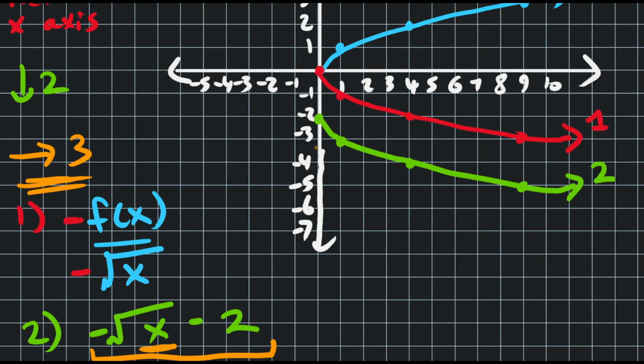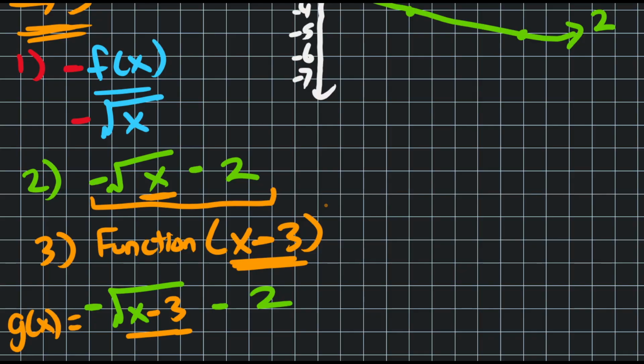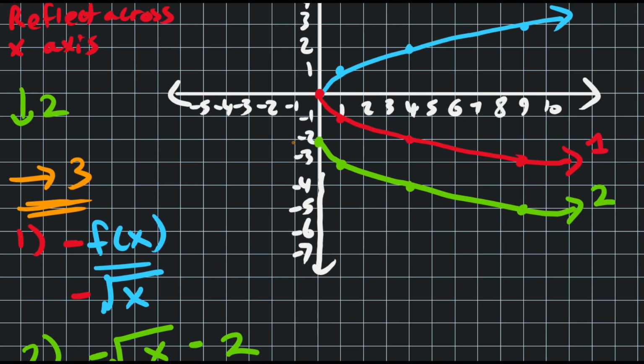We're going to shift the green function 3 spaces to the right. So let's start at this point, (0, -2). This becomes (3, -2). (1, -3) becomes (4, -3). And this will go to the right 3 times, 1, 2, 3. And then 1, 2, 3. There we go.